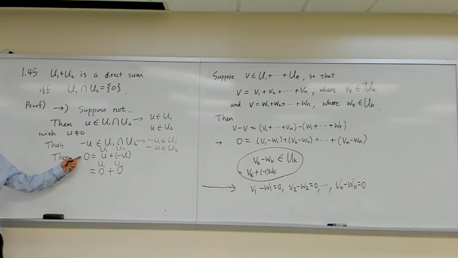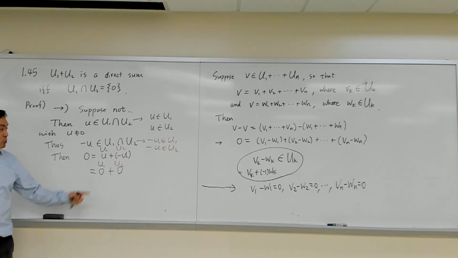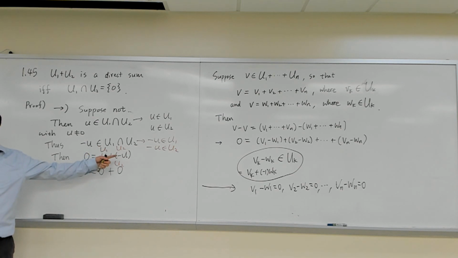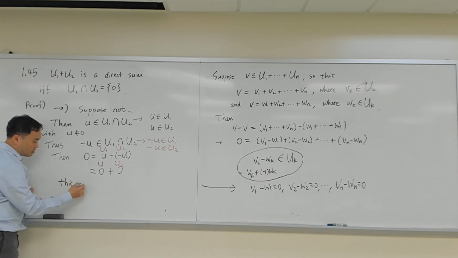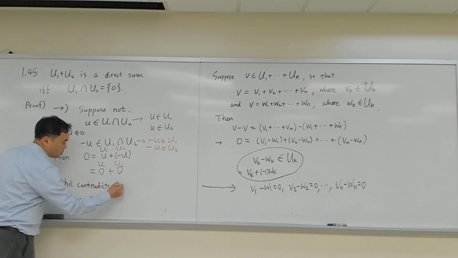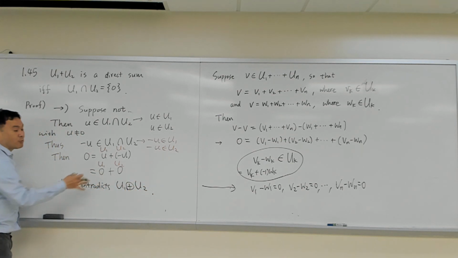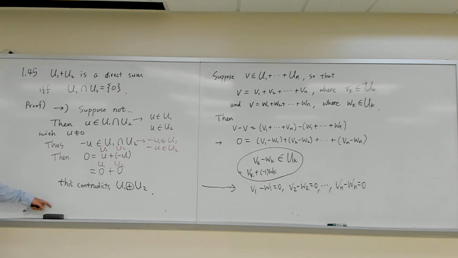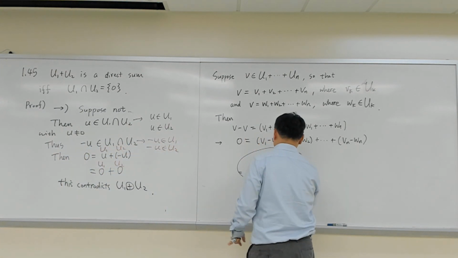So I was able to write down 0 in two different ways, right? With one guy in U1 and the other guy in U2, right? So that means this contradicts the fact that U1 plus U2 is a direct sum, okay? So that's the proof that way.